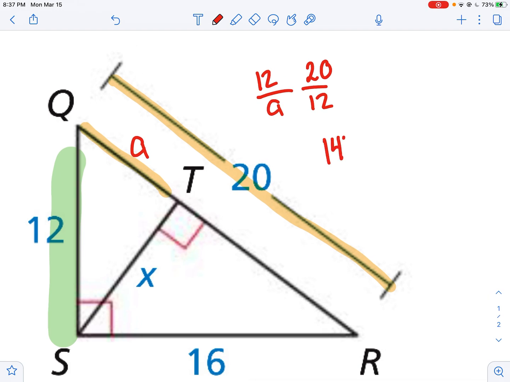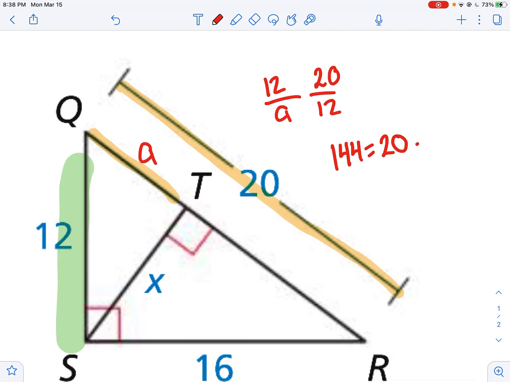So 144 equals 20A. So 144 divided by 20, and A is 7.2. Okay, so A is 7.2. So I'm going to fill that information in.